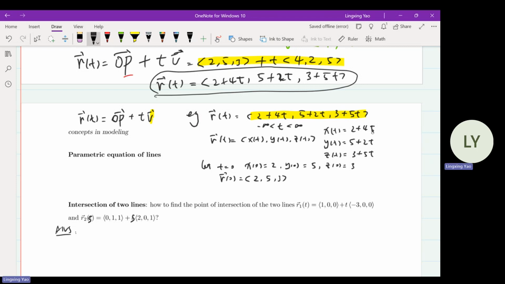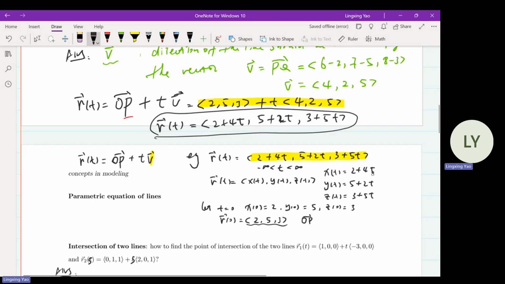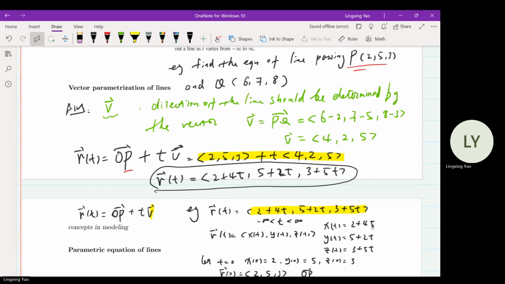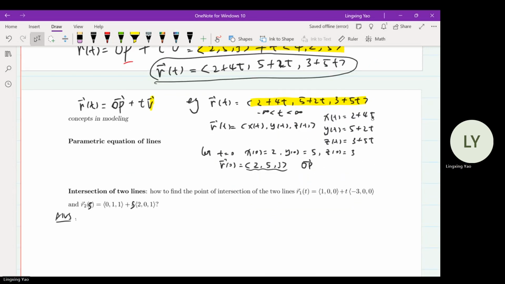Do we see where the 2, 5, 3 come from? This is indeed the OP vector, where the point P is given in this question above, right? And the point P has the coordinate 2, 5, 3.